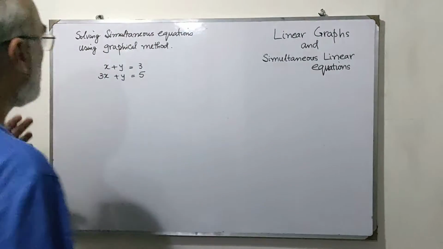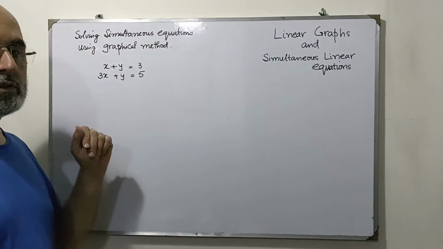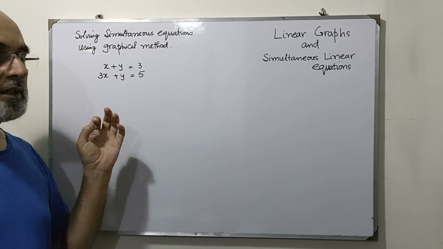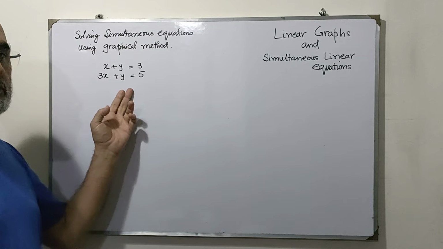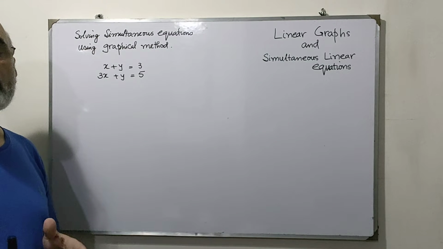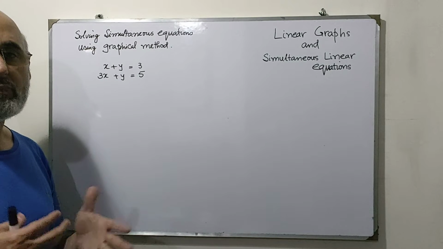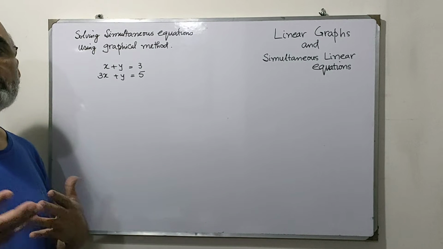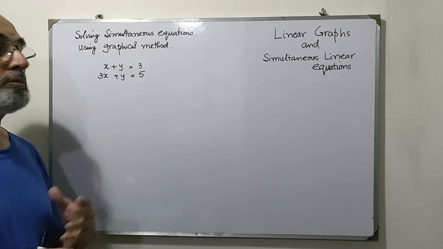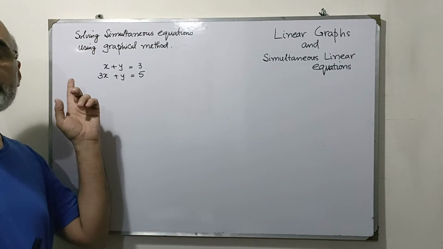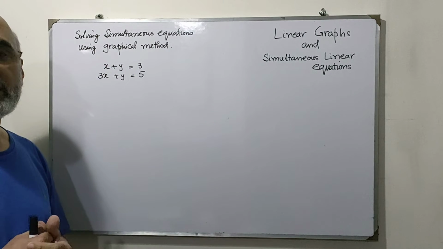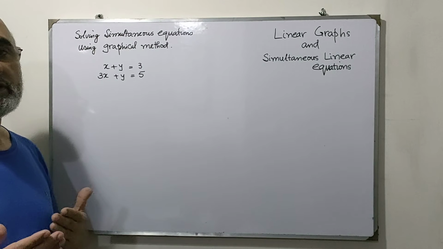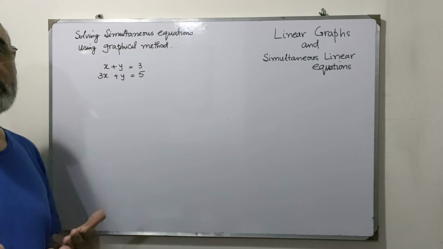Okay, so we have our simultaneous equations. The first equation is x plus y is equal to 3, and the second is 3x plus y is equal to 5. We have to make a graph for these two equations, and because these are linear equations, we're going to have two straight lines, and we'll see how the solution is calculated.